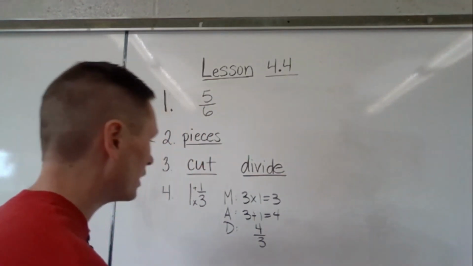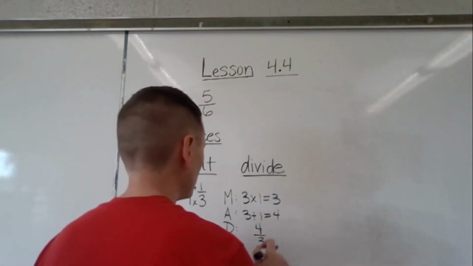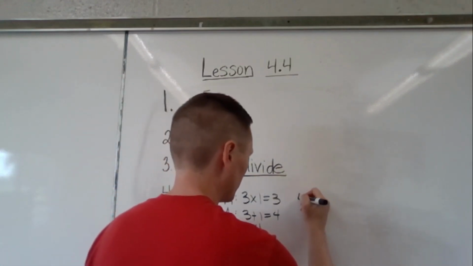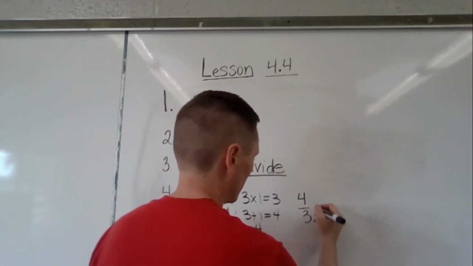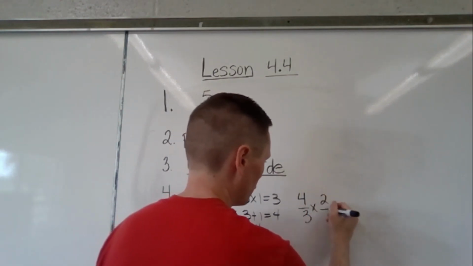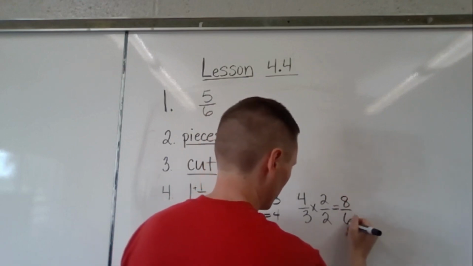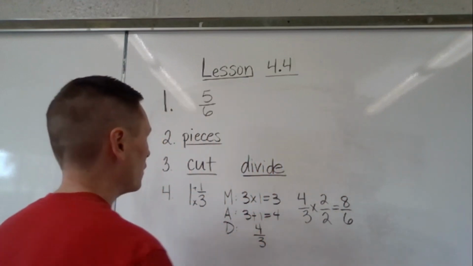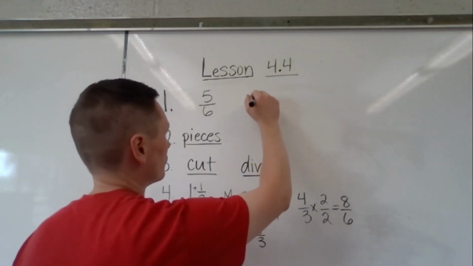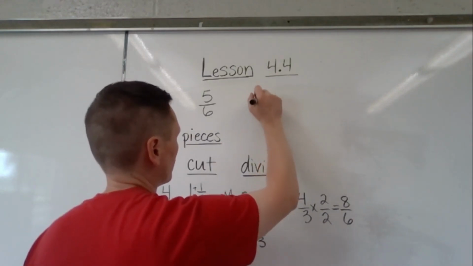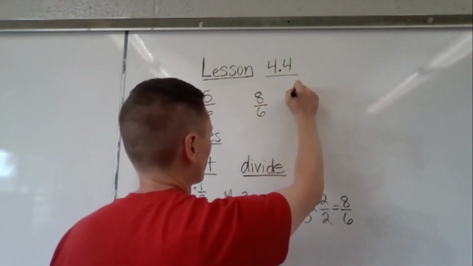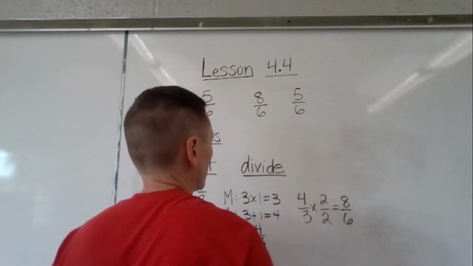So if I multiply by 2, I'm going to have 4/3 times 2/2, which equals 8/6. So now, I'm going to move up here, I can do 8/6, and I have 5/6.